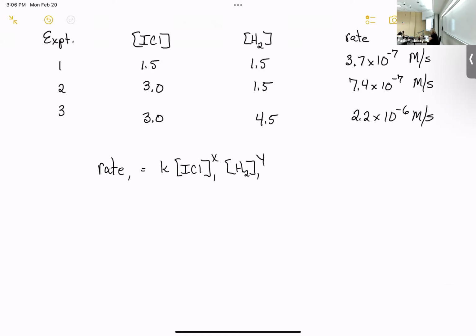And we can do this for each one of our experiments. So for rate 2, that would be equal to the rate constant times the ICl concentration for experiment 2 raised to the order, times the hydrogen concentration for experiment 2 raised to its order.